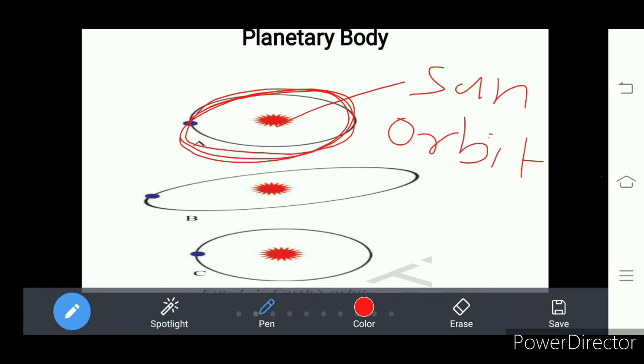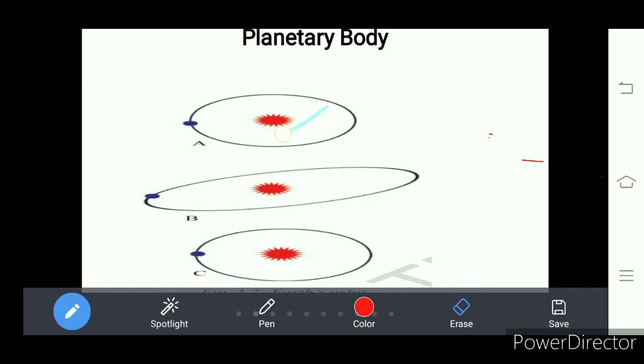Okay. So what is the question here? The question is about the shape of the Earth's orbit.